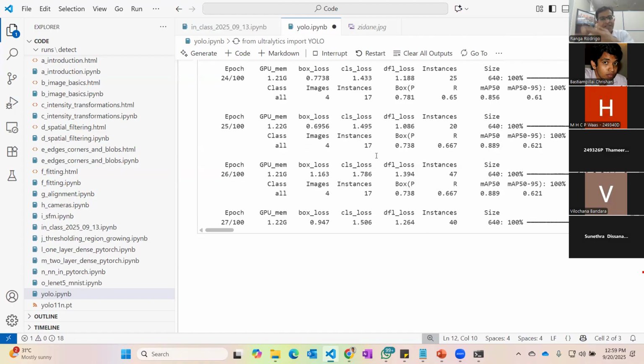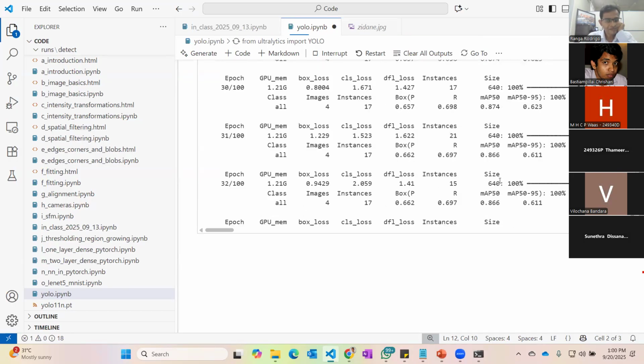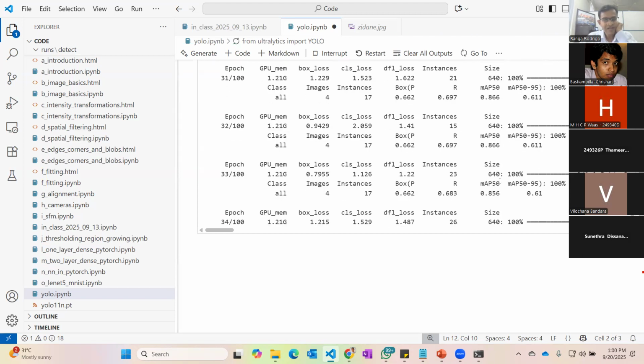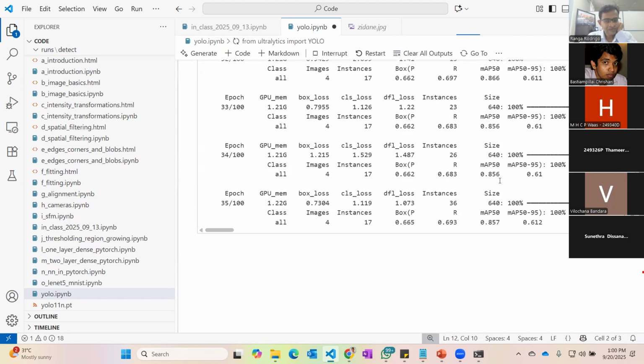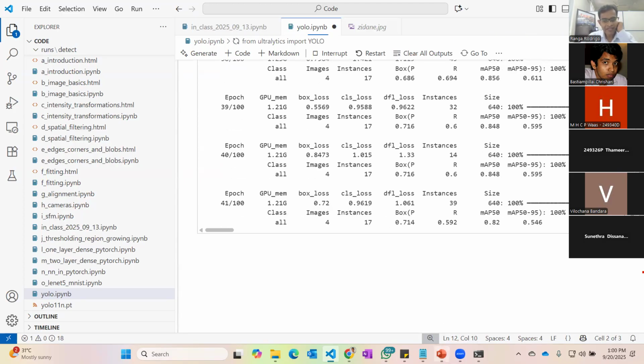The mean average precision at 50% IOU, you can see it's quite high. Box loss, class loss. Anyway, we can let that run and come back and see.